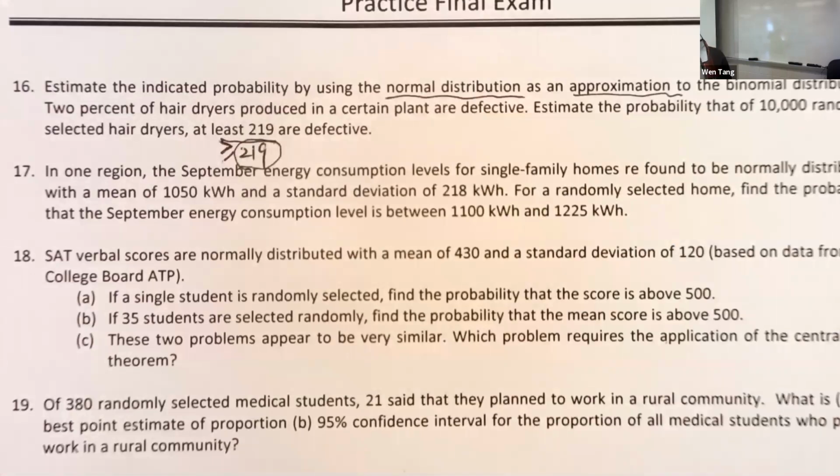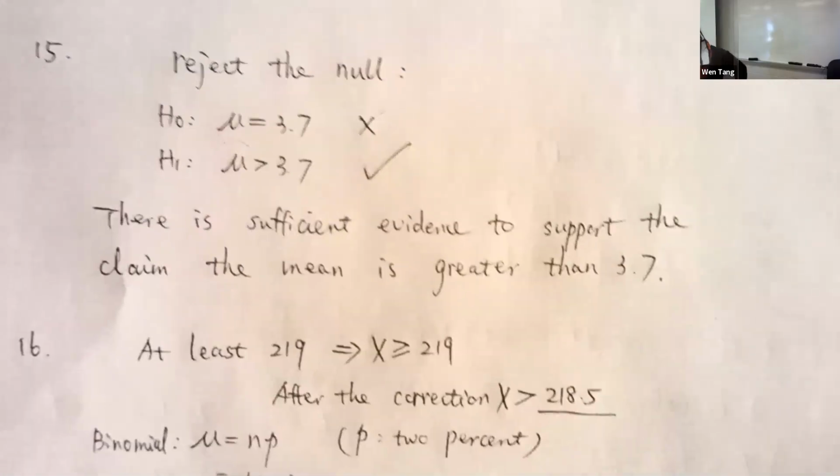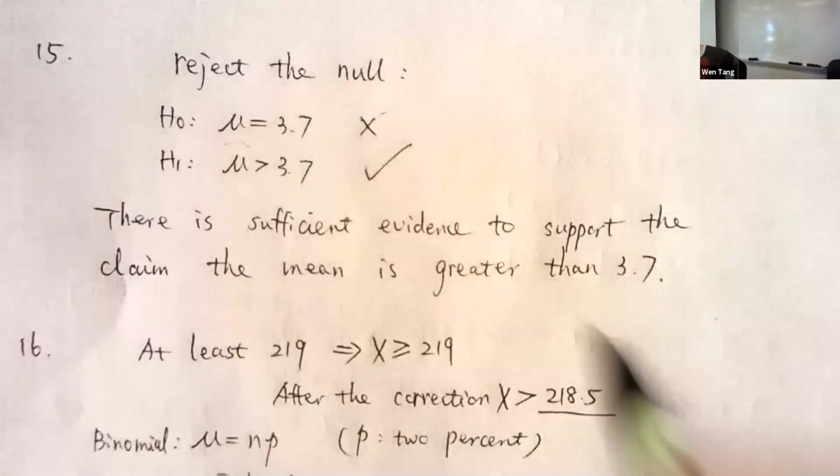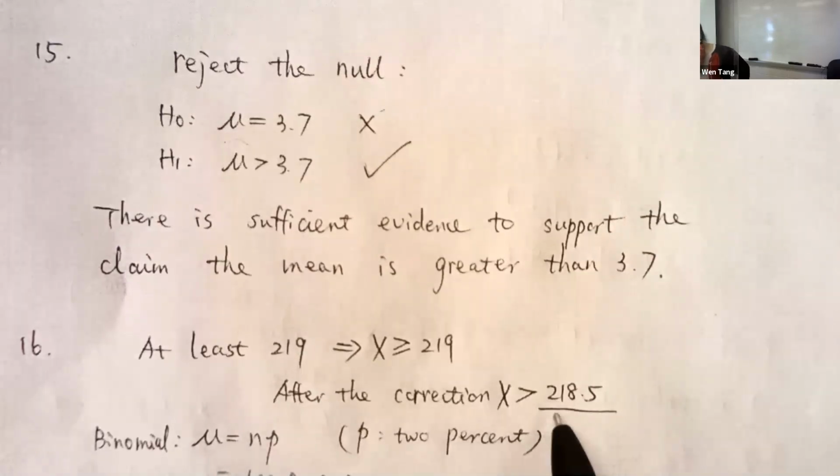We should do the correction called the continuity correction. If you still remember it, after the correction, we will get x is greater than 218.5.